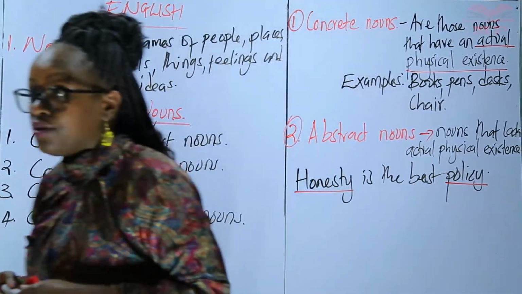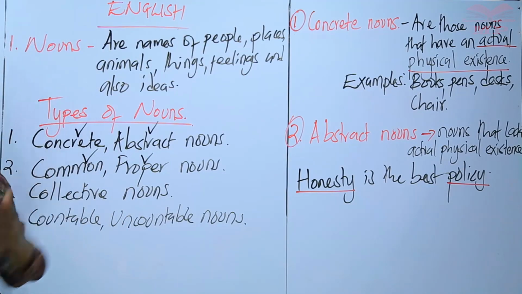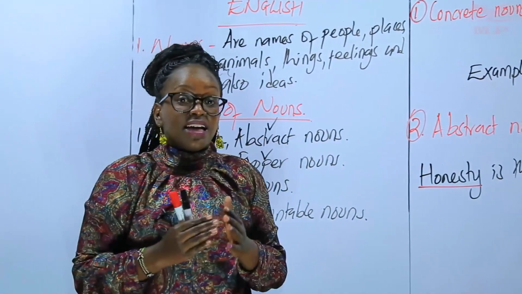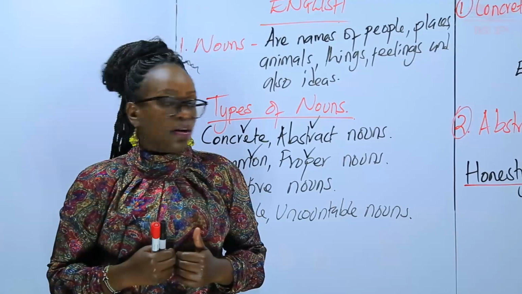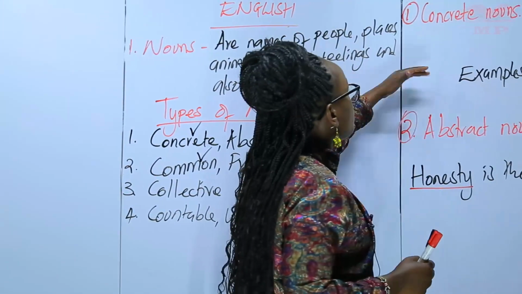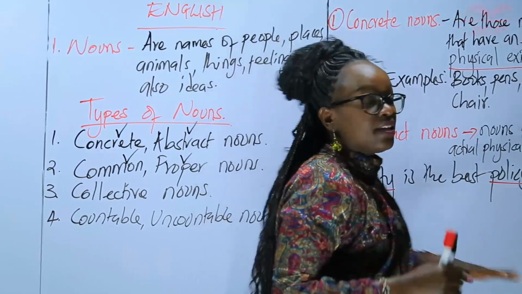You cannot point to some virtues like kindness and say that this is how kindness looks like. For example, when you say she's kind, you cannot point out where that kindness is in that person. So that is basically the main difference between the concrete nouns and the abstract nouns.